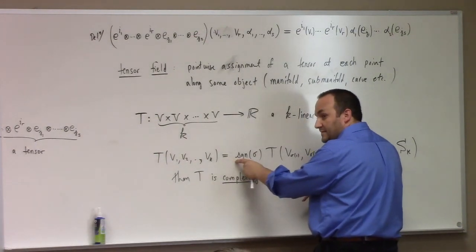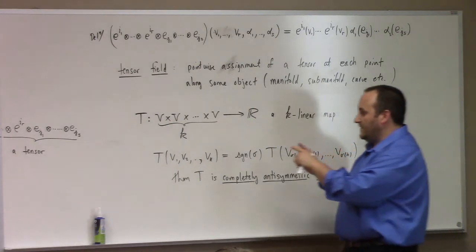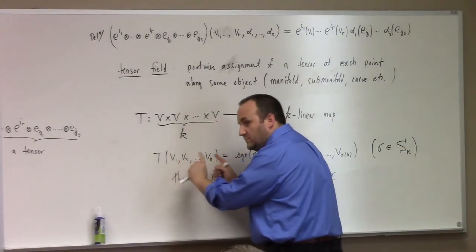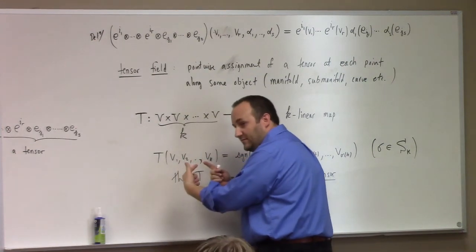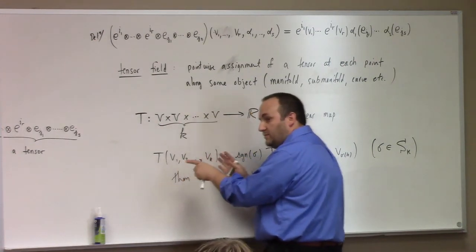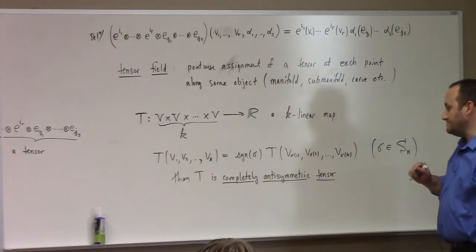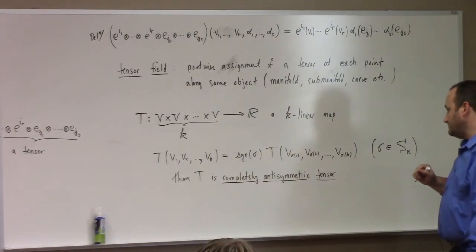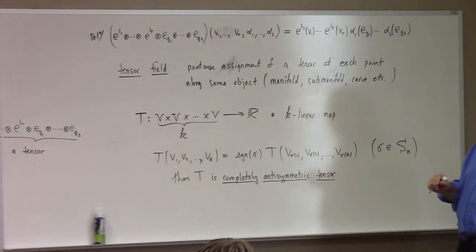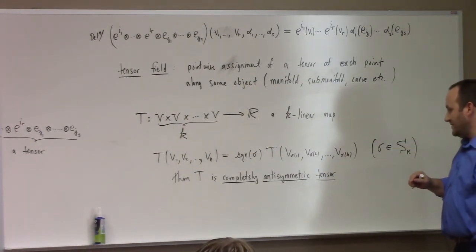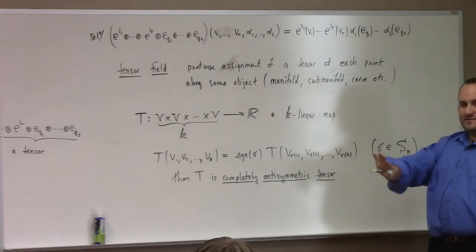Now this is entirely equivalent to saying that anytime you take any two slots here, could be any two, and then you flip it, you get a minus sign from doing that. That is entirely equivalent to this formula in terms of permutations. To actually prove that, I don't want to do. That would be combinatorics, and it would be a drag, because I'm not that kind of person. Anyway, this has a name.